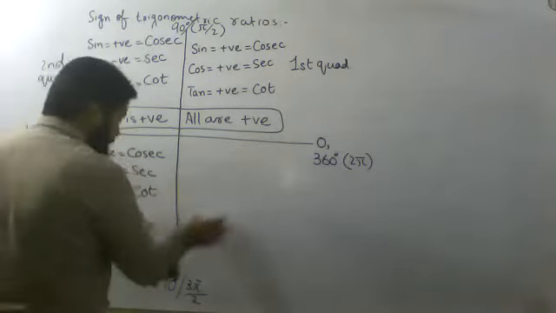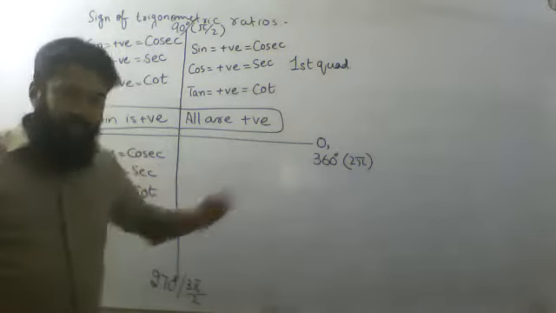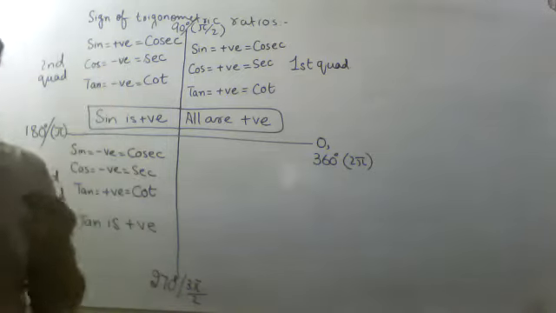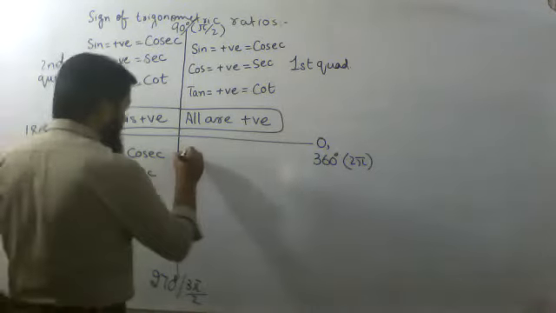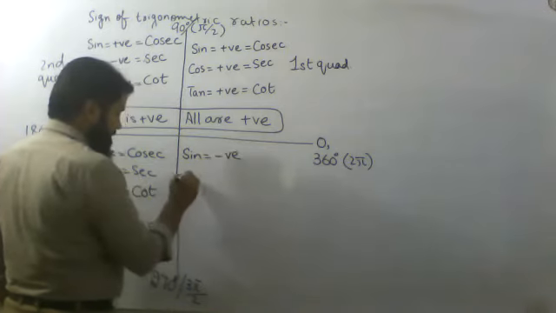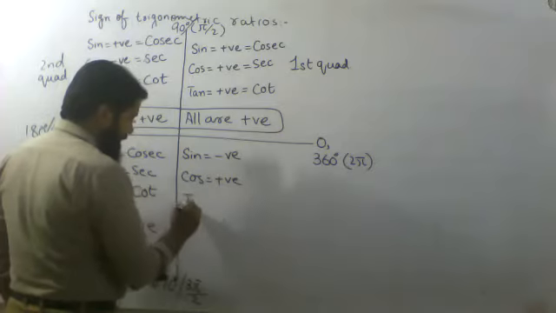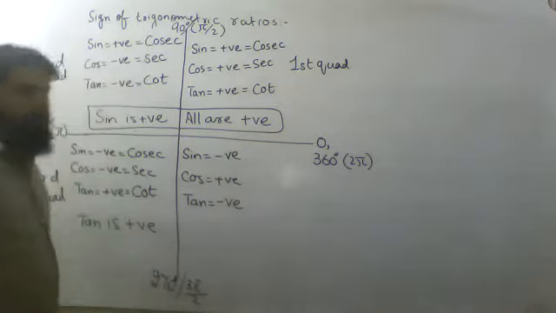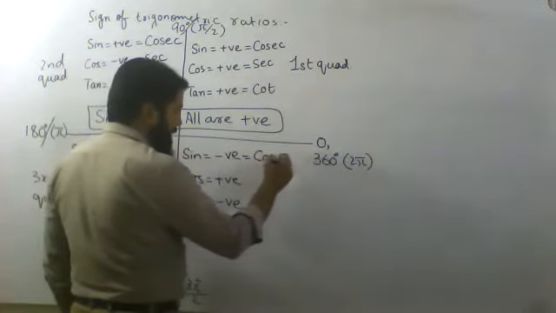Now, coming to the fourth quadrant, selecting any value between 270 to 360 or 3 pi over 2 to 2 pi, you can check sine, cos, and tangent, and you can see that sine will be negative, cos will be positive, and tan will be negative. So sine is basically cosec.